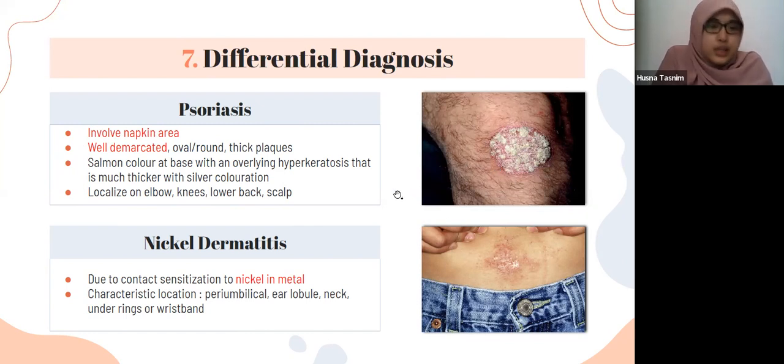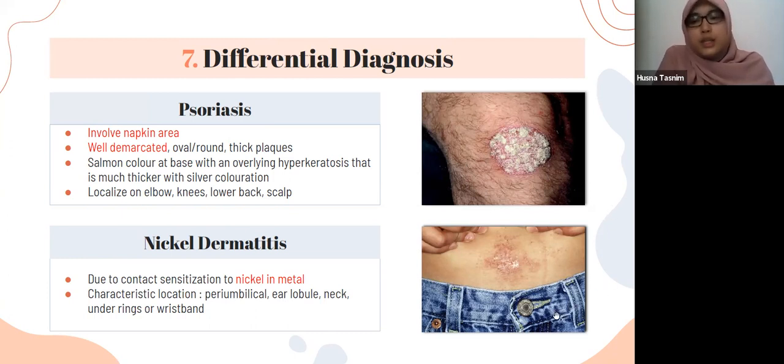It is localized on the elbows, the knees, the lower back, and also the scalp. And the last one is nickel dermatitis. We know this is due to contact sensitization to the nickel in metal, so the locations are at the areas where patients might come into contact with nickel.